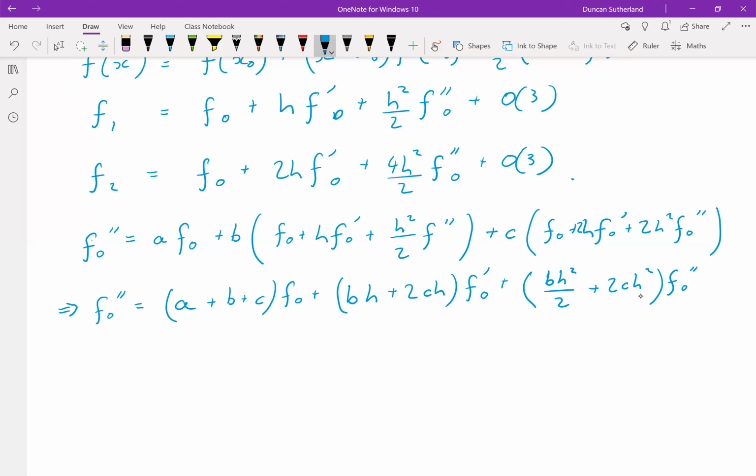Now we can equate like terms across the equal sign.